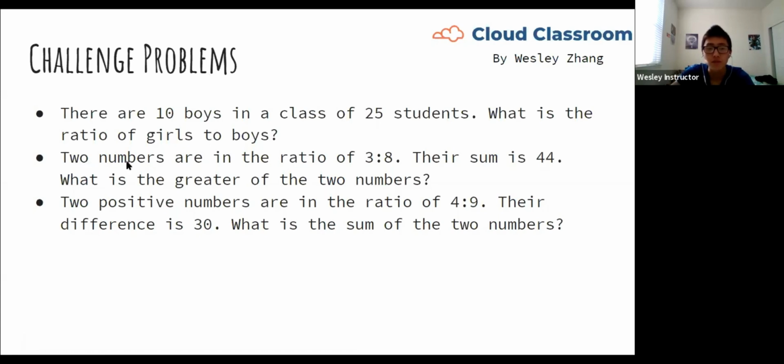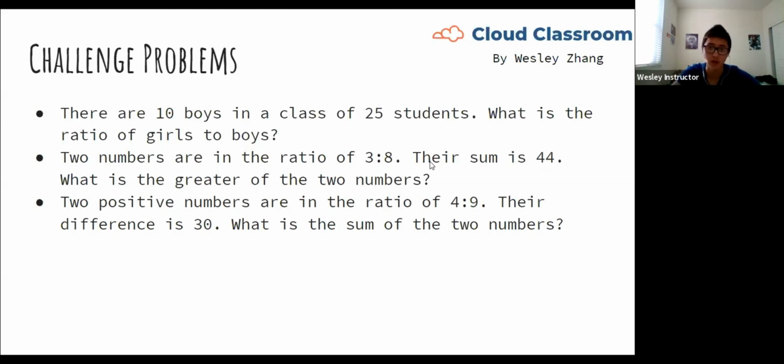All right, two numbers are in the ratio of 3 to 8. Their sum is 44. What is the greater of the two numbers? So the greater of the two numbers will be represented by 8, even though this is a simplified ratio. And the total sum is 3 plus 8 for the simplified ratio.